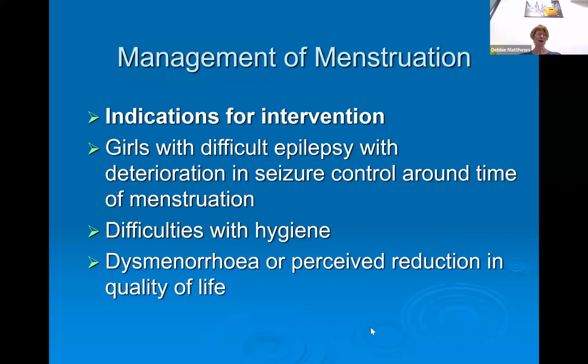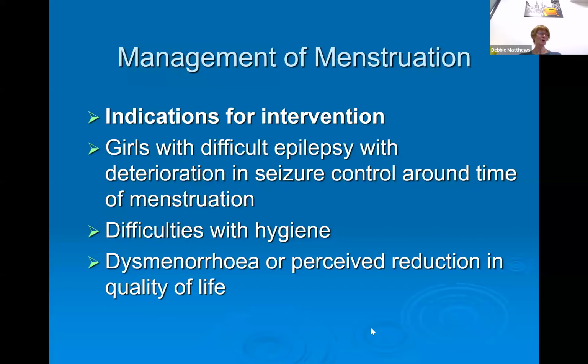Difficulties with hygiene. This is both for the girls with cerebral palsy themselves. They can't manage their menstrual periods themselves, but they're very embarrassed and feel awkward about others helping them with this particular function. And their carers can also feel slightly awkward about this necessity. That's not to say we should be intervening, but it's something to bear in mind.